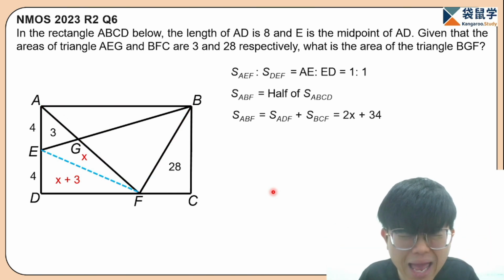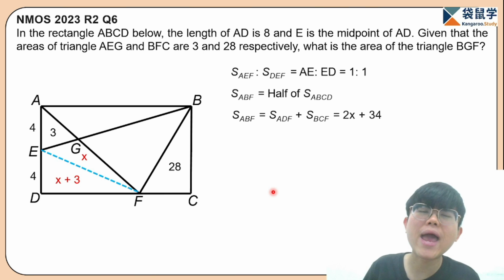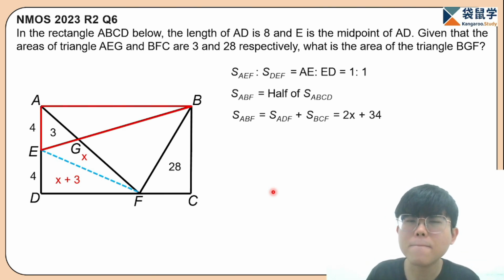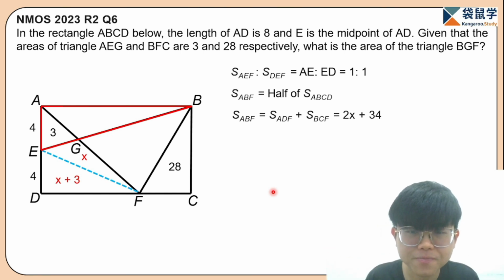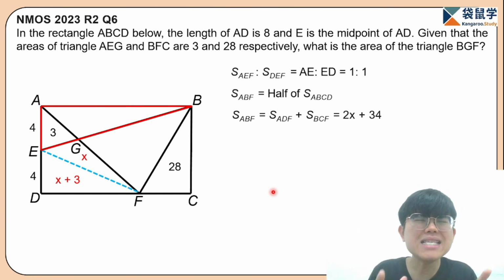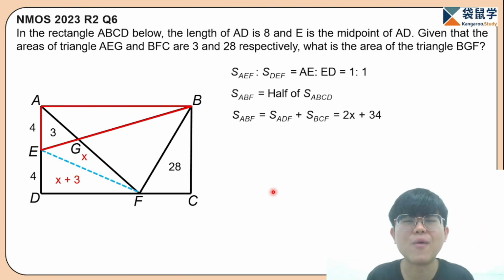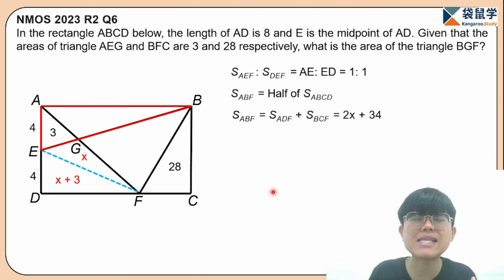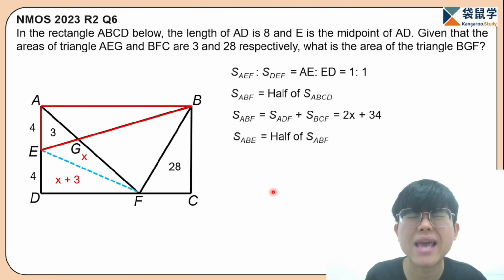Again, everyone, let's observe the triangle AEB. What is the relationship with the other triangles? This is actually a quarter of our rectangle, or we can say that it is half of ABF.